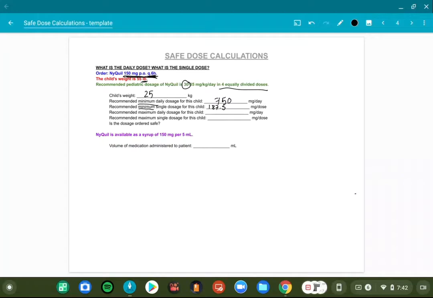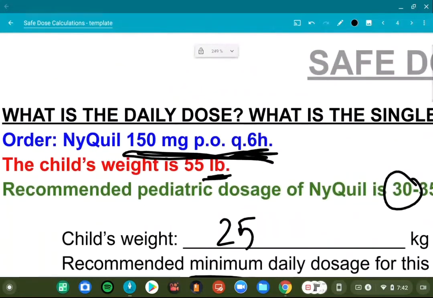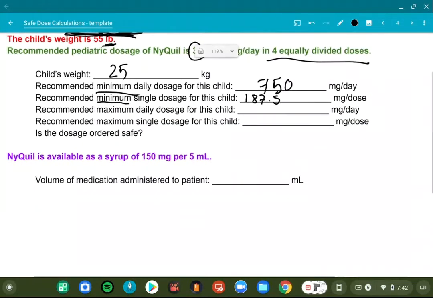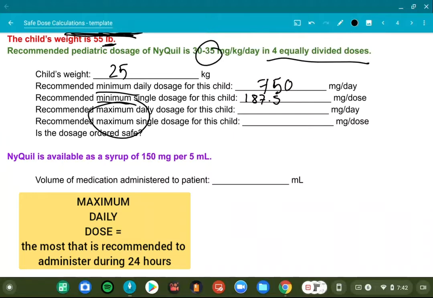And I just realized that my numbers aren't very interesting, so we're going to say that the doctor asked to give him 200 milligrams by mouth every 6 hours. Now we're going to talk about the maximum dose, so we are now using this number here, 35 milligrams per kilogram per day.